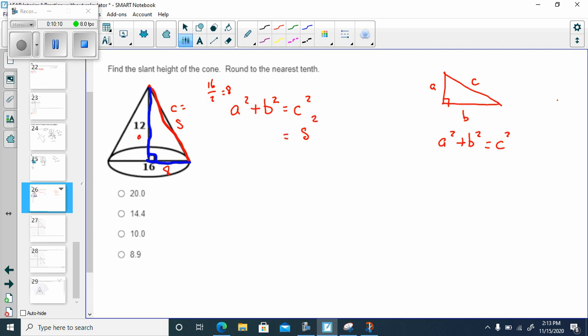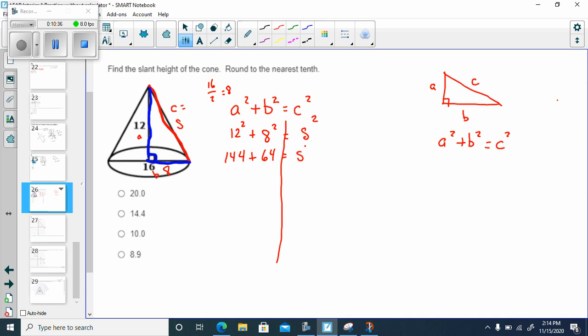A and B, it doesn't matter. The C, it does. So I'll substitute A in as 12. For B, I will substitute in 8. Now, let's take care of this. What's 12 squared? 12 times 12, you can put it in your calculator, it's 144. How about 8 squared? That's 8 times 8, which would be 64.